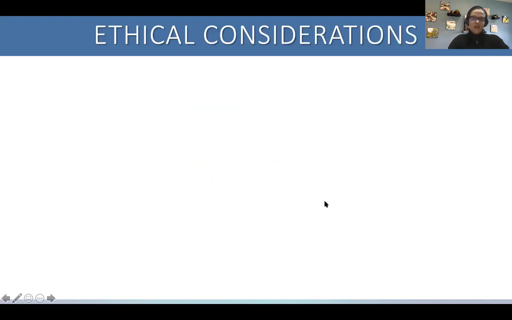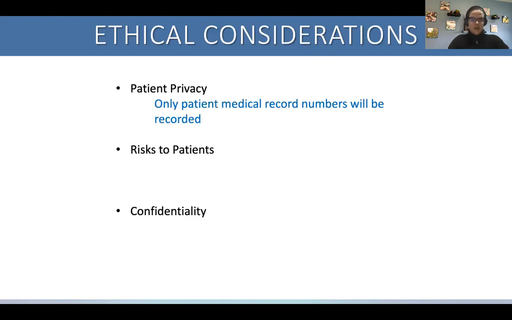Finally, when you're designing a research protocol, you have to think about ethical considerations. So there'll be a number of things to include in your protocol to cover patient privacy, the risks to the patients, and confidentiality. So an example of what you might include in the ethical section of your research protocol is that you're only going to record patients' medical record numbers, which will protect patient privacy because you're not recording their names or their addresses.